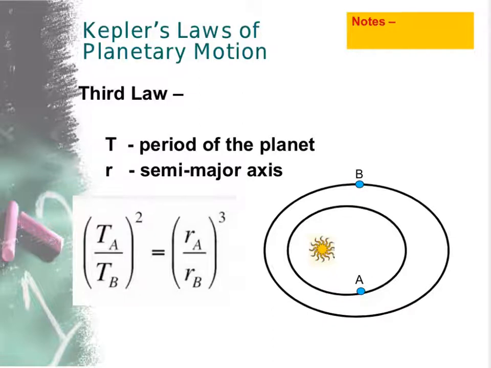So period is the time of one orbit. Let me write that down. So it's the time of a complete orbit.